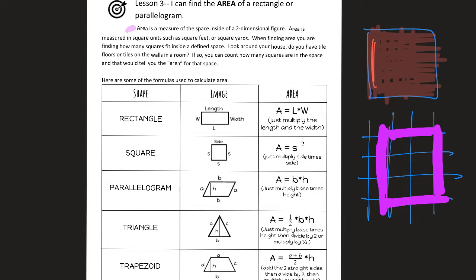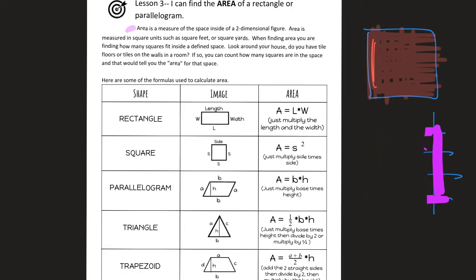Well, here I can count. 1, 2, 3, 4, 6 squares. Okay, but if we have funny shapes like a parallelogram or a triangle or a trapezoid, that might get a little more difficult. So we're going to learn some formulas on how to find that.